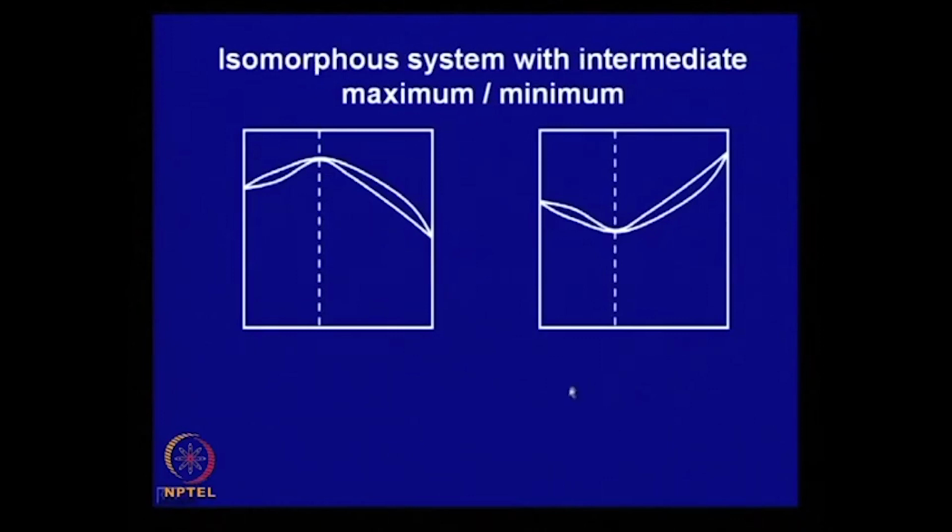Now, there are cases where this type of isomorphous system can exhibit maxima or minima. That means in between, there can be an alloy which has, in this particular case, a higher melting point than both A and B, as shown in this diagram.